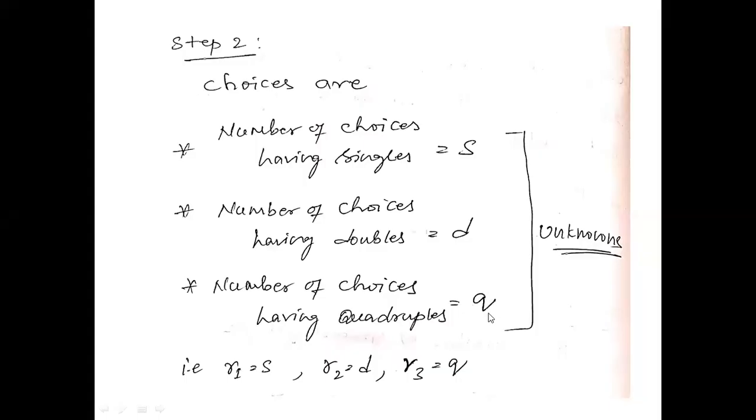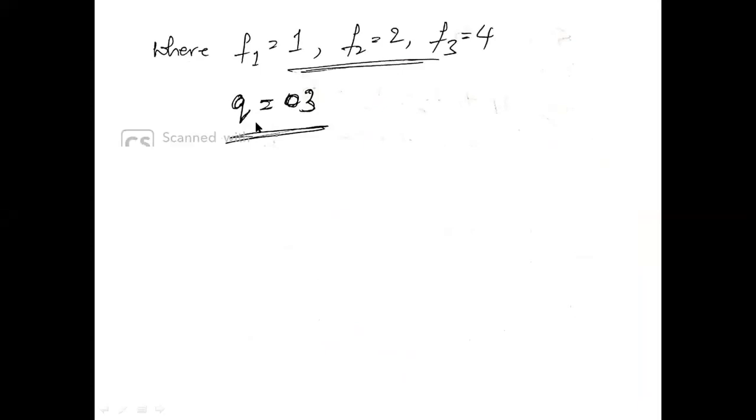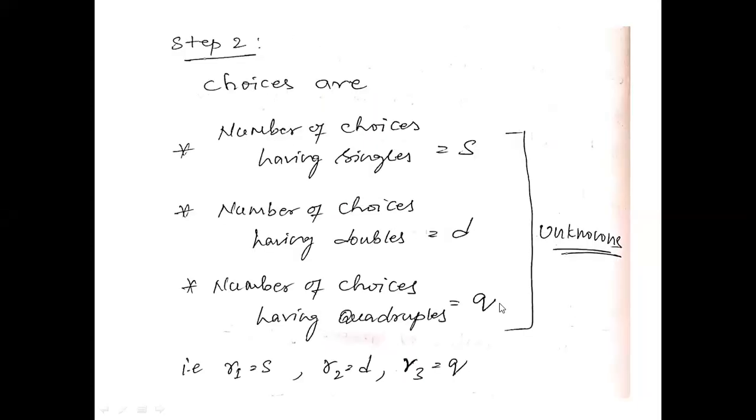For the choice of quadruples, I have taken the name q itself. Do not confuse this q with the other q. This q in this case is an unknown.